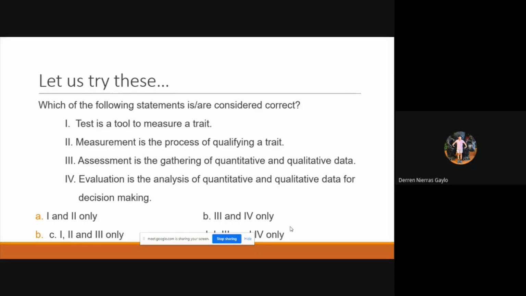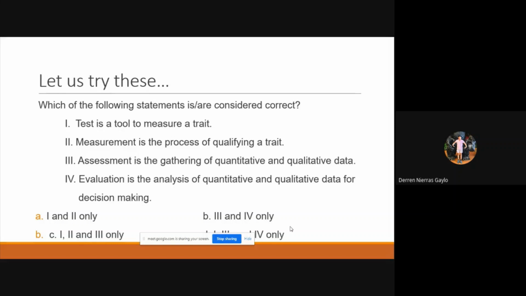And then measurement is the process of qualifying a trait. I think this is wrong, because when you say measurement, it will give you a quantity. So it's not qualifying, it should be quantifying. Number 3, assessment is the gathering of quantity and quality data. That is correct.